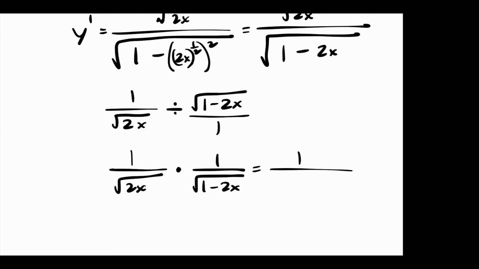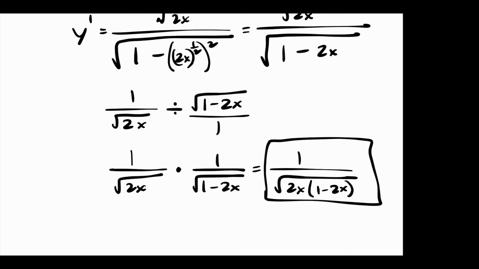On bottom, I have two things that have square roots, so I can actually combine those to make this: square root of 2x times 1 minus 2x. Because they both have square roots and I'm multiplying them. You can do distributive property. That's fine. You would get the square root of 2x minus 4x squared. That's okay. Or you can leave it like that. It's all about just matching what answer they have.